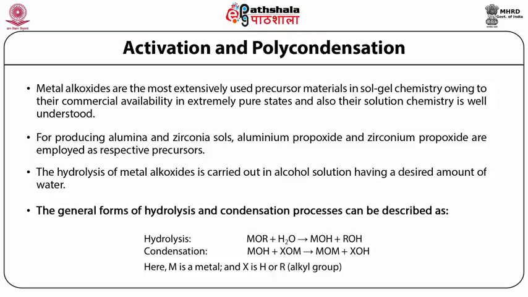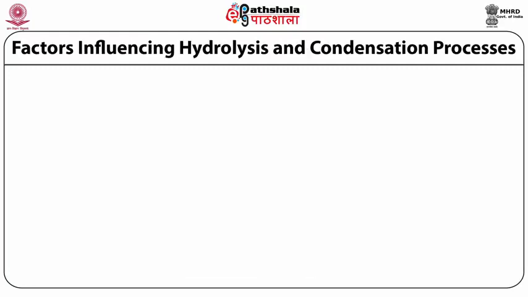These equations present a very simple picture of the sol-gel chemistry without elaborating upon the intermediate or end products. Nonetheless, these equations provide a general idea of the formation of the three-dimensional gel network, which is driven by the hydrolysis and extended condensation. Let us next discuss the factors influencing any of these reactions.